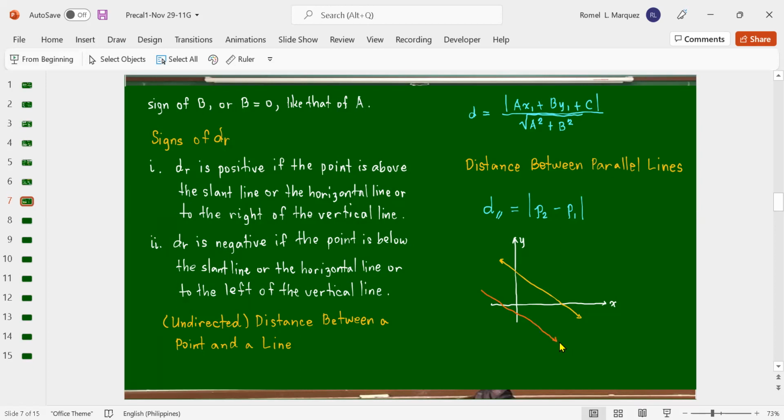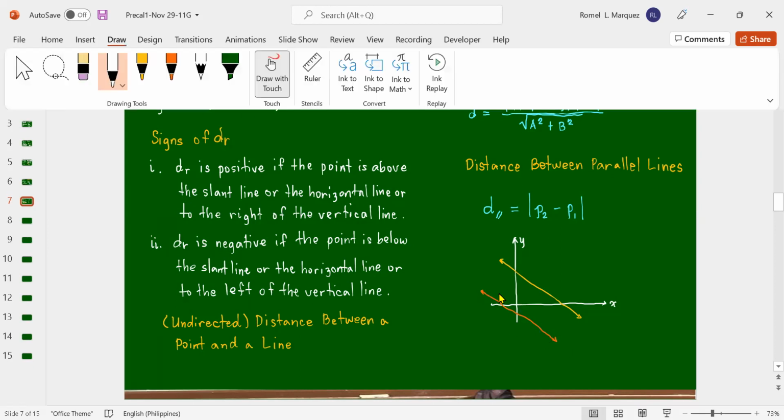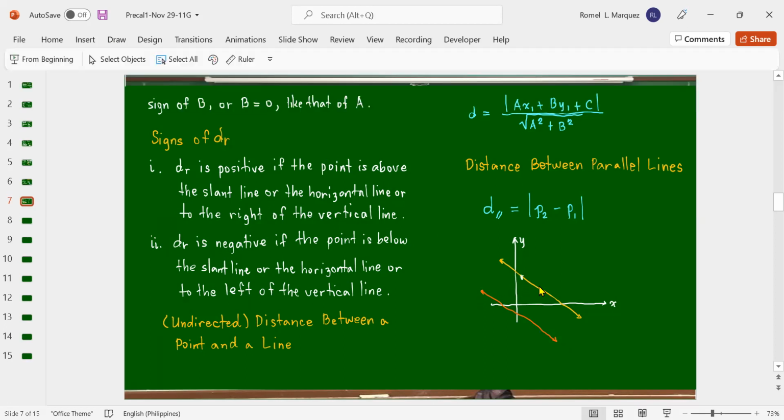Let's assume that they are parallel, of course, running parallel. So this is, for instance, line 1, line 2. You just take the P of line 1 and then the P of line 2, get the difference, take the absolute value.